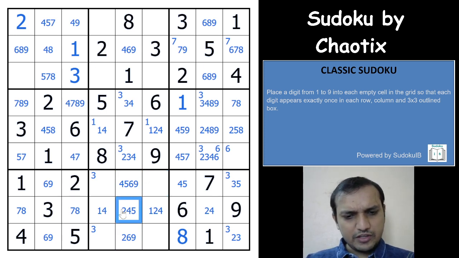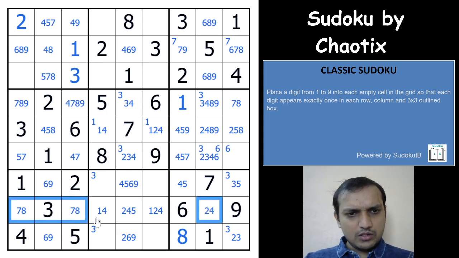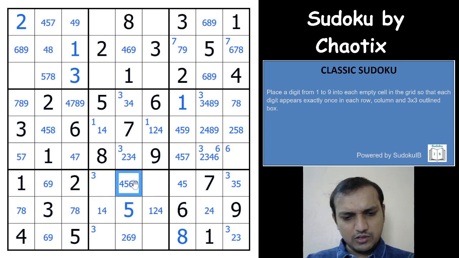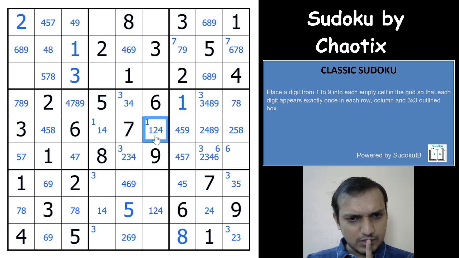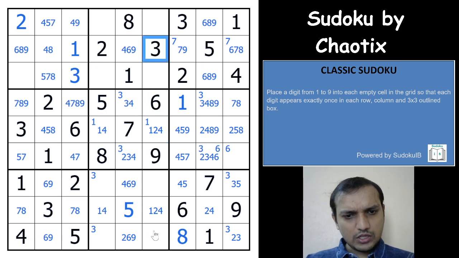Oh, this cell is a 5. 5 cannot be here, cannot be here. You have a pointing of 5 in these two cells. This cell is a 5, so 5 is eliminated from this cell. 3, 6, 9. This is 2, 7. 3, 6, 7 and 9.